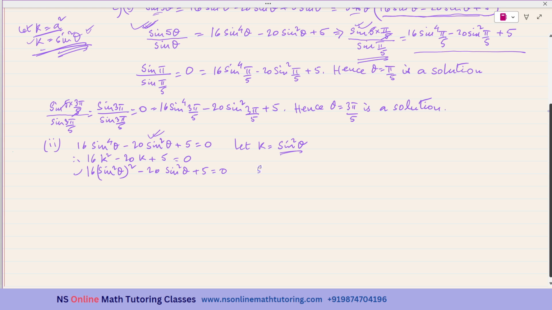Therefore, sine square pi over 5 and sine square 3 pi over 5 are the two solutions of this equation. You may introduce this variable k, or you can just write it in this format. Okay.